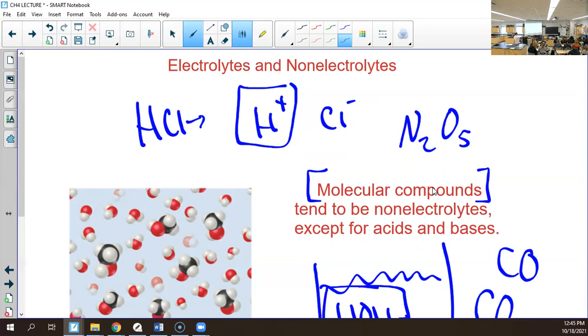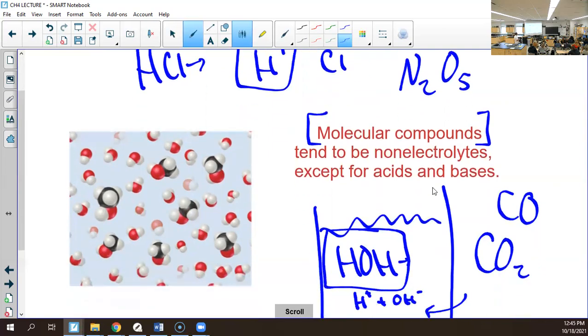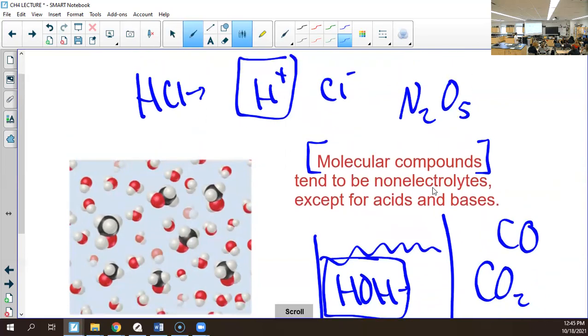If I put that in vegetable oil, there'd be no conducting. That simply means they stay together. Their intermolecular forces, is the fancy name for them, are stronger than water's ability to pull them apart.